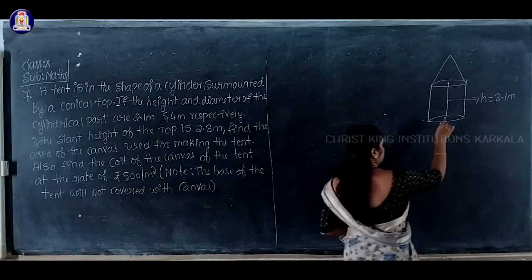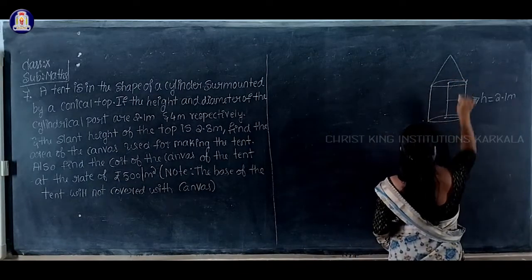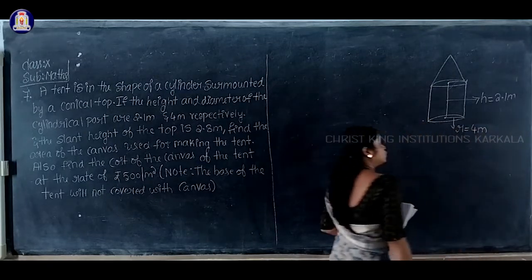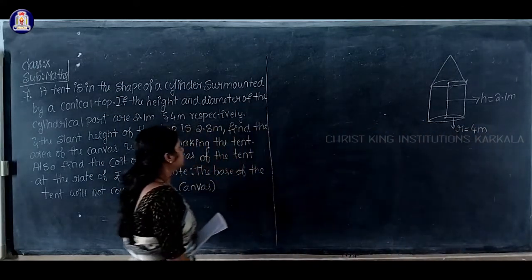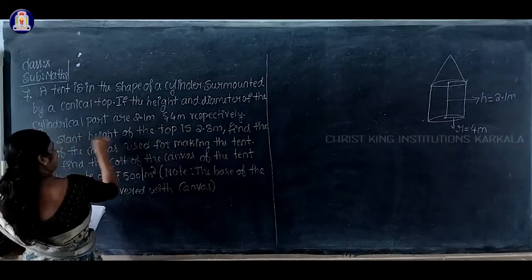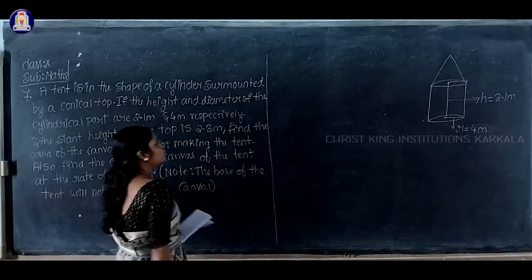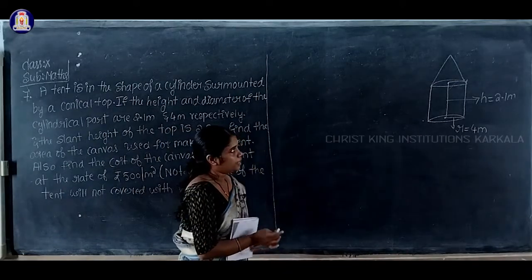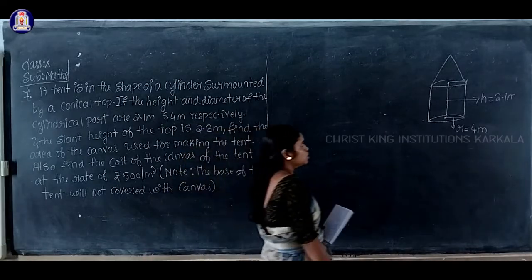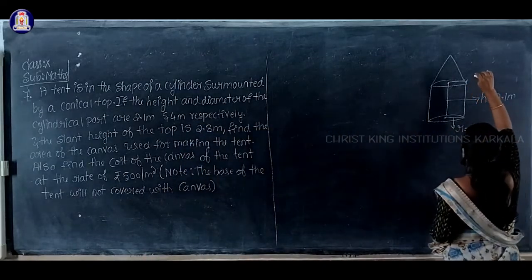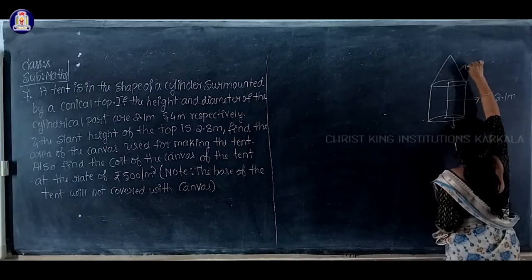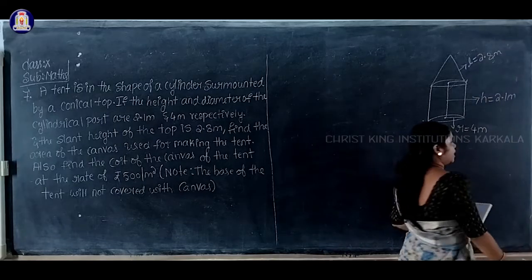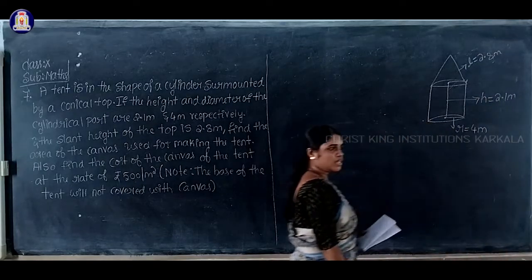Also given, the slant height of the top is 2.8 meter. Top is cone, so the slant height of the cone is nothing but this portion. So this is L, and L is equal to 2.8 meter.